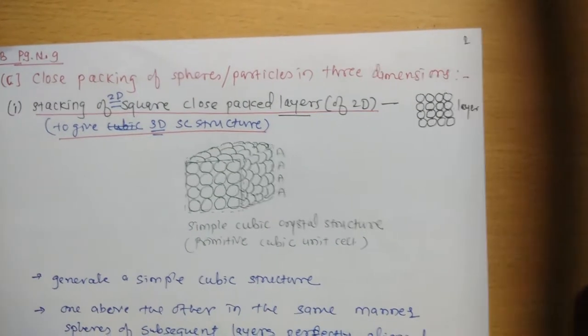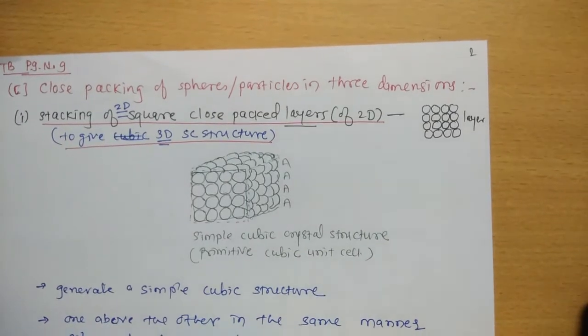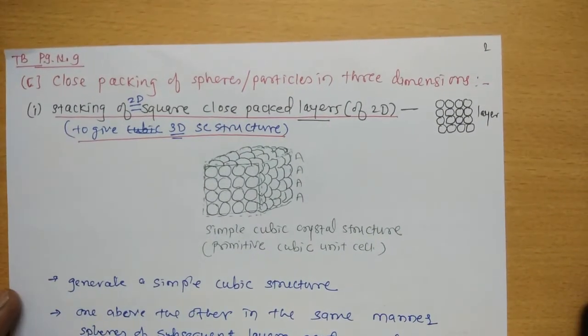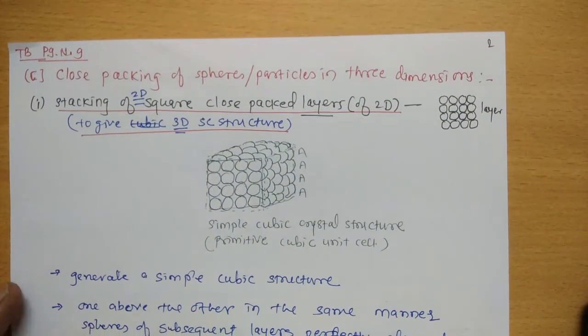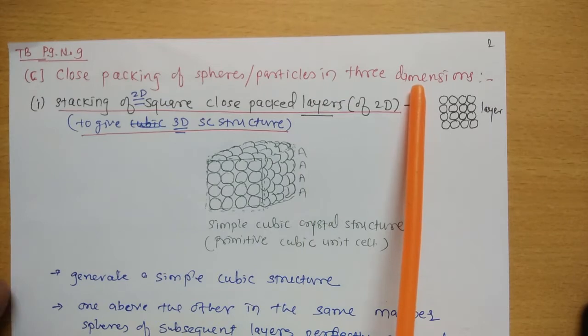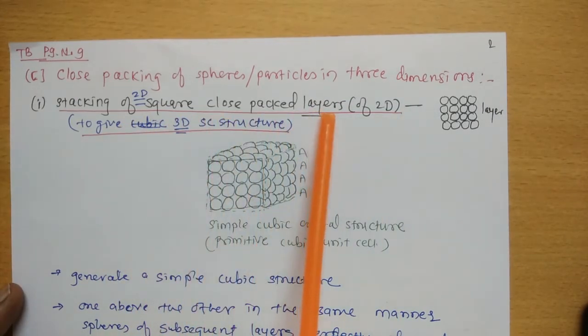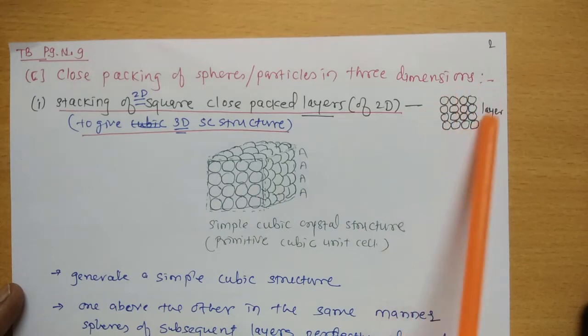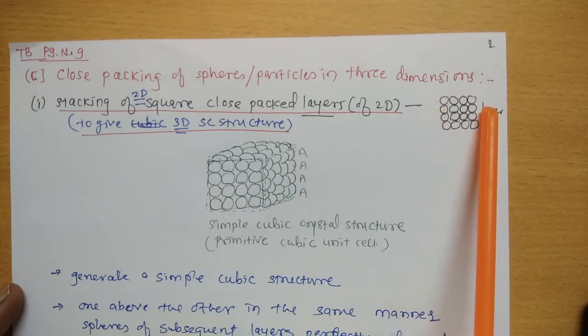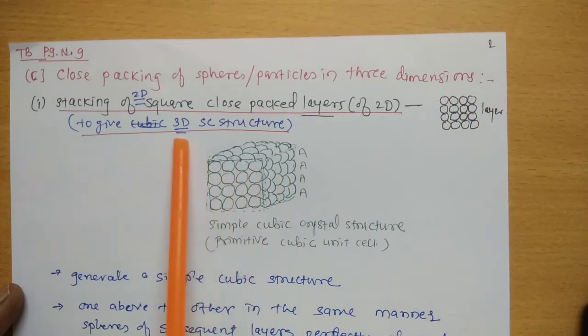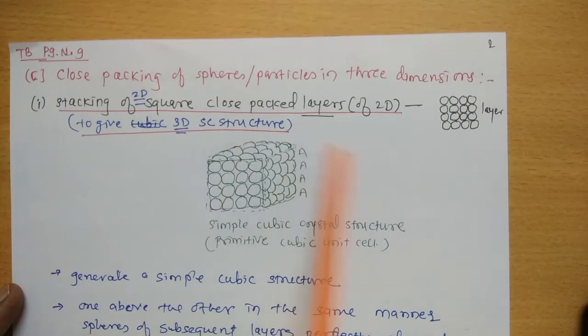Now let us see the packing of the crystals in three dimensions. First, the close packing of the spheres or particles in three dimensions, that is, the stacking of two-dimensional close packed layers. This type of two-dimensional layer is used to form a three-dimensional simple cubic structure.